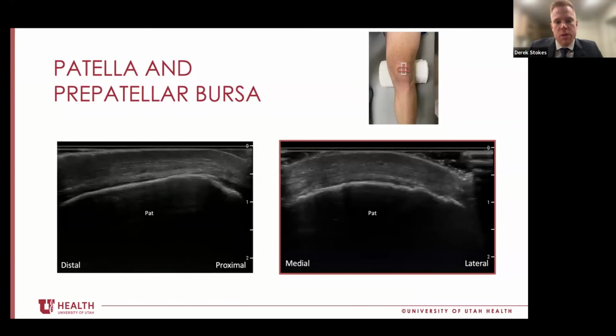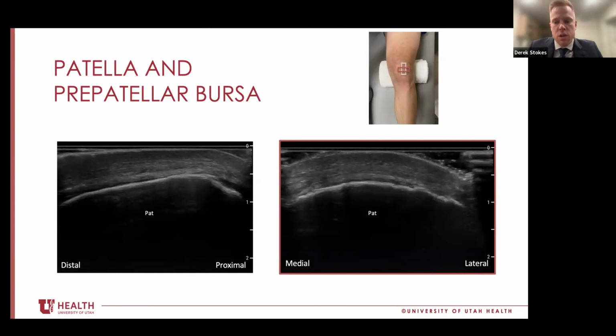For the patella and the prepatellar bursa aspect of the scan, we're looking for a couple things. For the patella aspect, we're looking for any cortical irregularities that could indicate some sort of fracture that could be contributing to the anterior knee pain. We can also look for fluid collections within the subcutaneous tissues that would represent the potential space that is the prepatellar bursa.